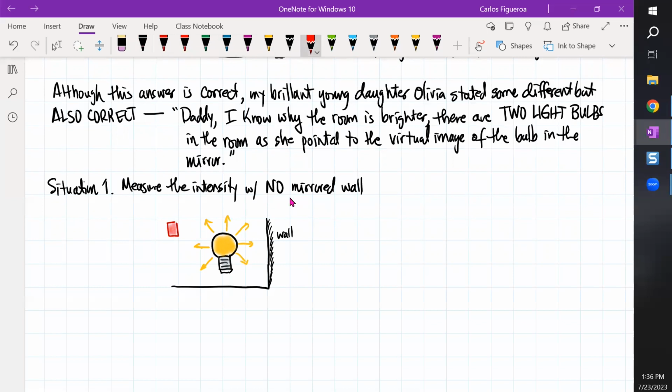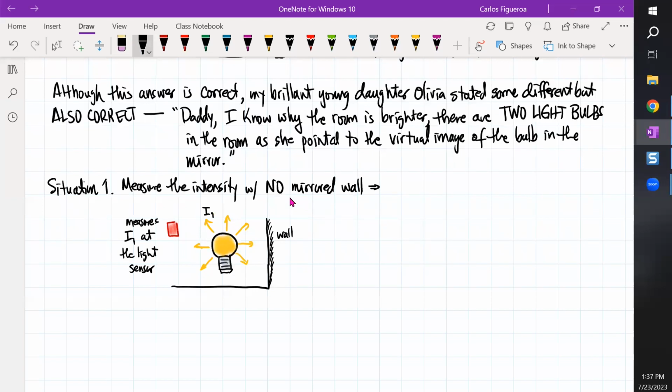This light source emits an intensity of I1. And when I say I1, that means it measures I1 at the light sensor, because remember, the brightness at the surface of the bulb is different than the brightness when we get to the actual light sensor.